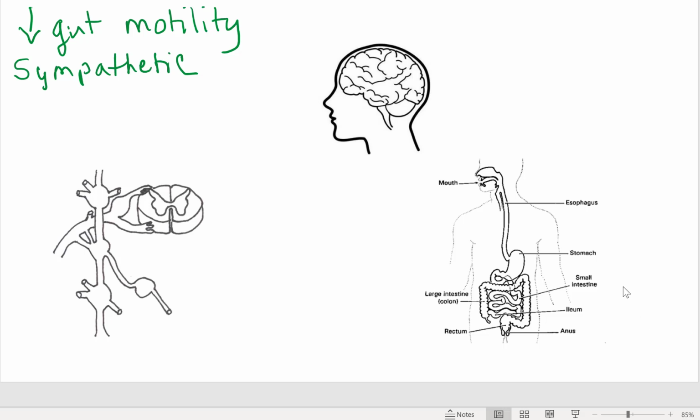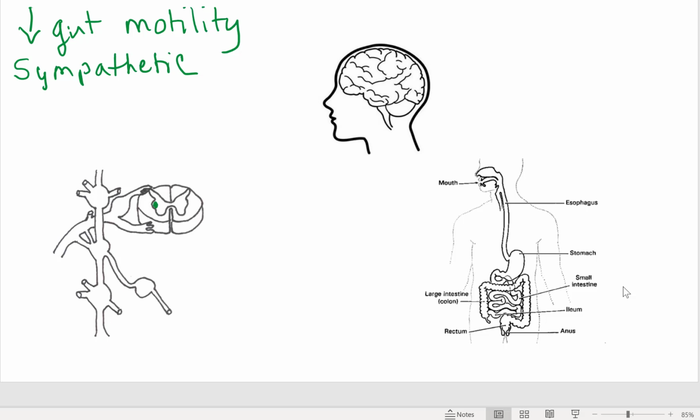Okay, so we need to draw a 2-neuron chain to decrease gut motility. The sympathetic division is thoracolumbar, meaning that's where we find the preganglionic sympathetic cell body. It's found in the IMLCC at levels T1 through L2.